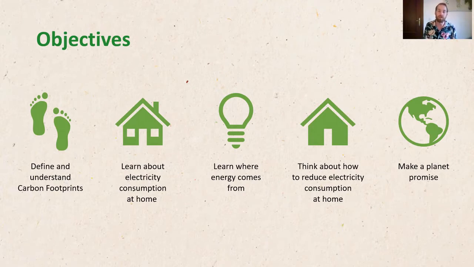We're going to learn about electricity consumption in the home. We're going to learn where it comes from, and with that, why it's so harmful to the environment. Then we're going to think about how we can change our behaviours at home. And finally, we're going to make a planet promise, which is something I aim to do at the end of every class.